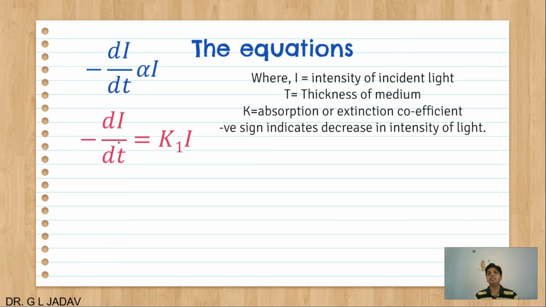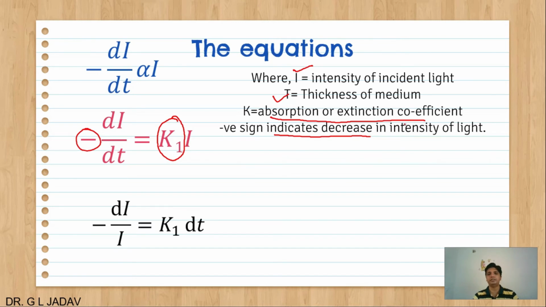Now minus dI by dt is equal to k, where k is a constant, the absorption coefficient or extinction coefficient. I is the intensity of incident light, t is the thickness. The negative sign is because the intensity of light decreases with increase in thickness.